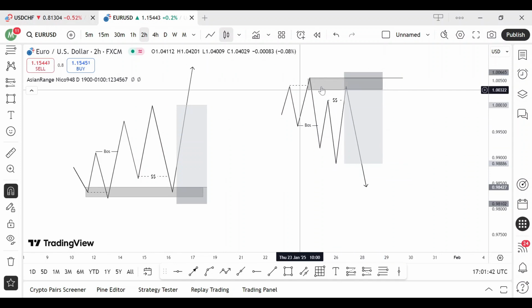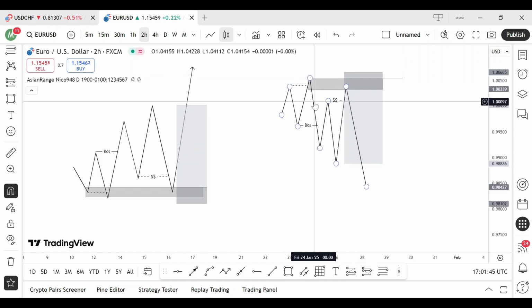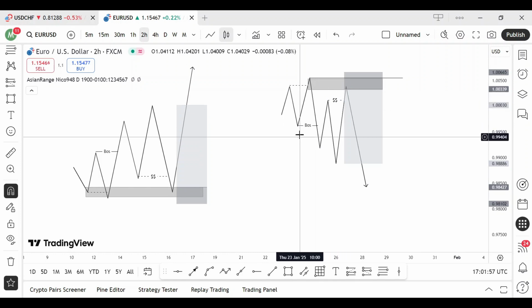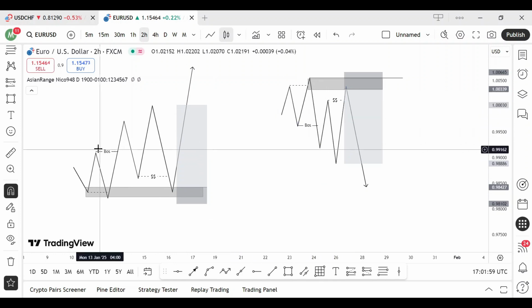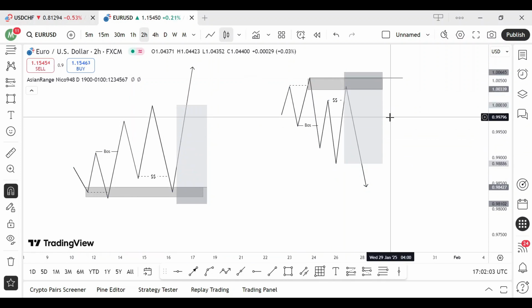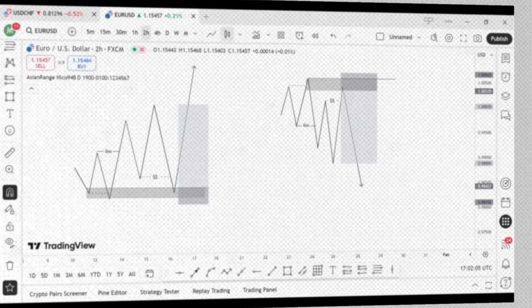So what validates your POI, what makes your POI solid, is that it must have swept liquidity and given an inducement, which is inducement liquidity. Those two criteria must be met, and it must have broken structure either to the downside or to the upside. So this is what validates your POIs.